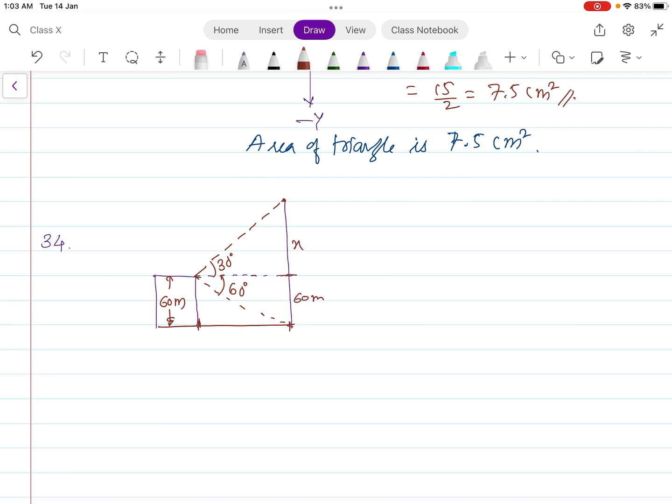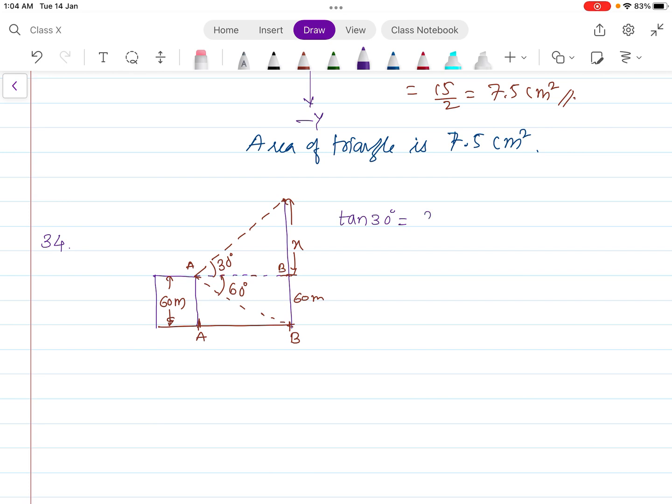Let us say that the unknown height of the tower is x. The distance between the two is say AB, so here also it is AB, that will remain the same. Now we are going to simply use the tan function here. Many a times we have solved such questions, and we always use tan. So tan 30 equals opposite divided by base.